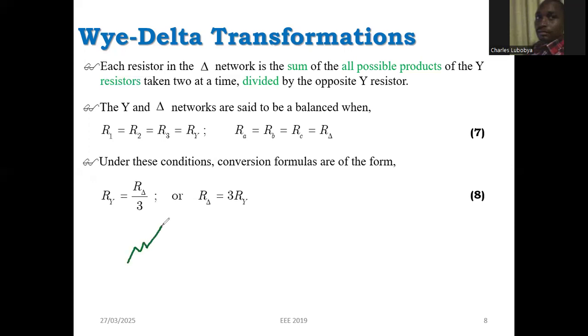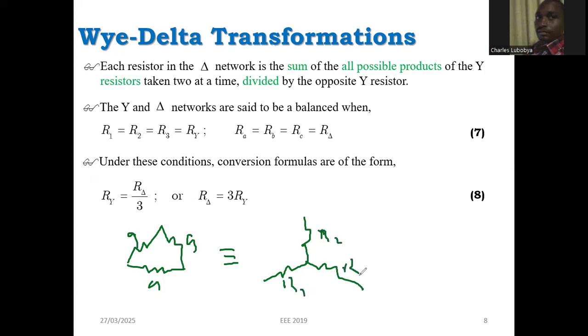So for same values of resistors in delta, let's assume this is 9, 9, 9. How do we easily convert this circuit to an equivalent star of R1, R2, and R3? So to do this, you employ the first part of the equation.